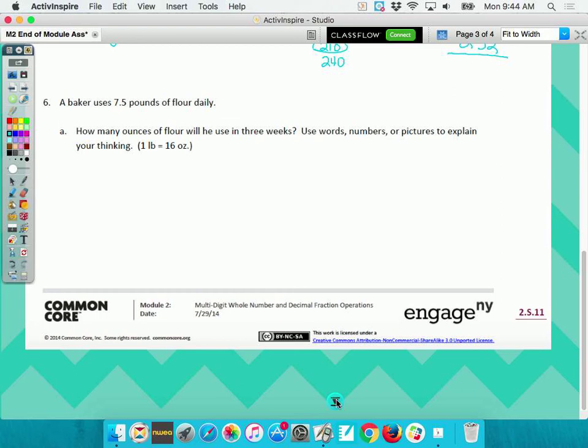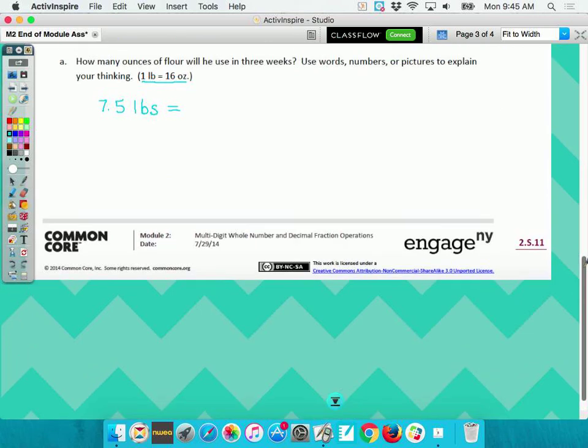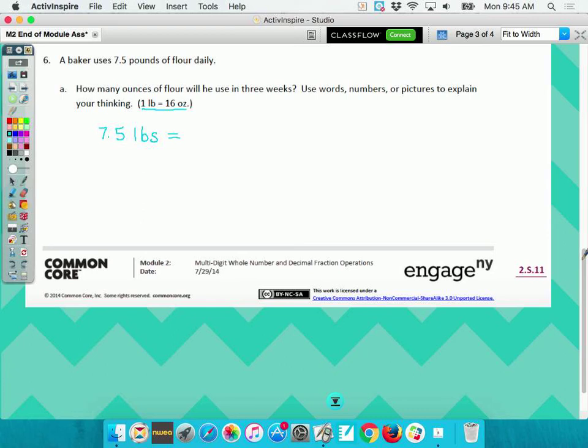Okay, so the first thing I have to do is convert what? Pounds to ounces. So I'm going to go with 7.5 pounds equals. Get that a little higher so you can see it. And remember when I do conversions, I do pounds, pounds, ounces, ounces. That's right.